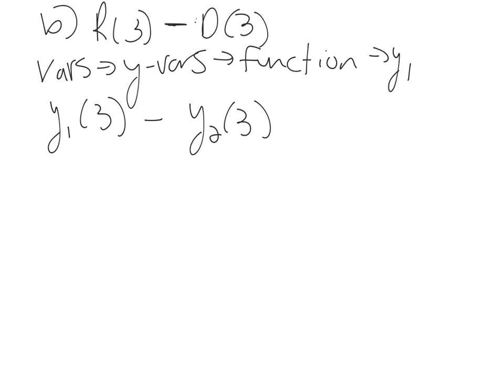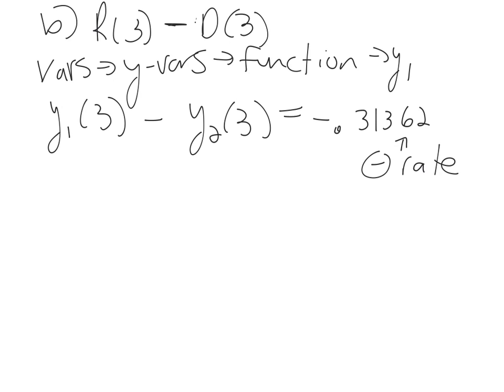Now make sure you have the parentheses in it. So you're telling the calculator that you want to evaluate that function at t, or x, equals 3. So what you end up getting is negative 0.31362. So this is less than 0. So this is a negative rate.